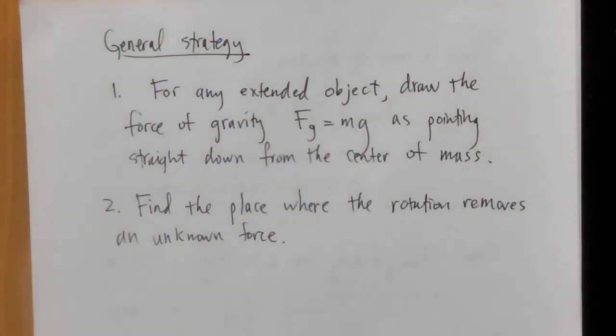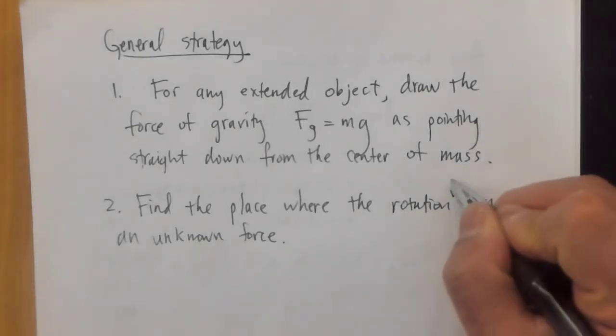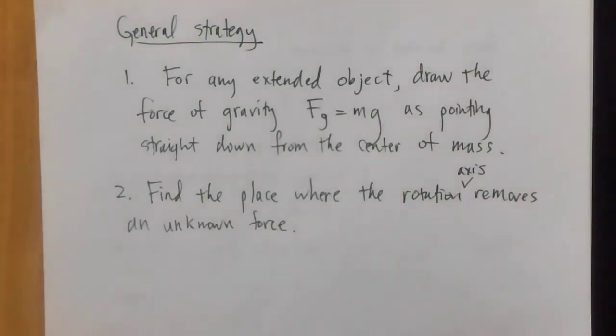What I mean is, suppose you didn't know the mass of this object, so you didn't know the weight of this object here. If you calculated a torque about this point, the force of this object would make no contribution. That's a trick for removing one of the forces from the problem. So find a place where the rotation axis removes an unknown force.